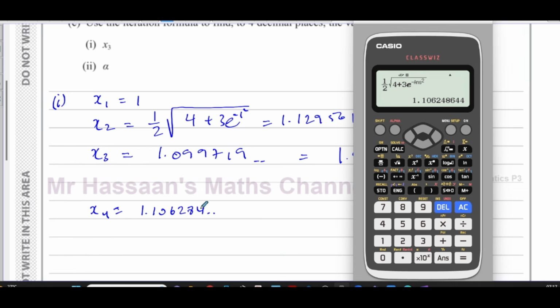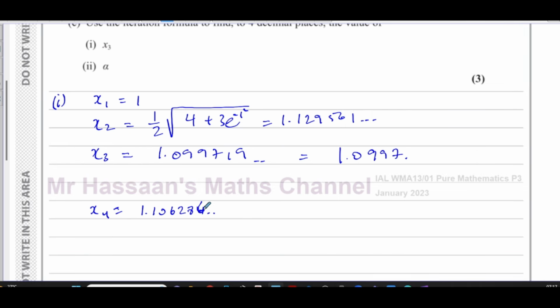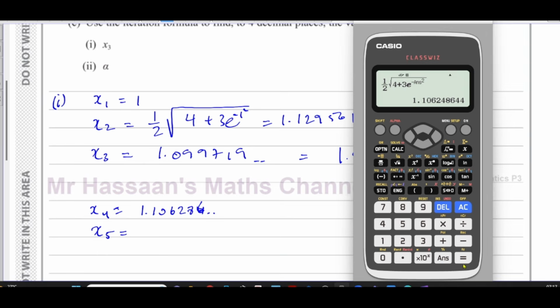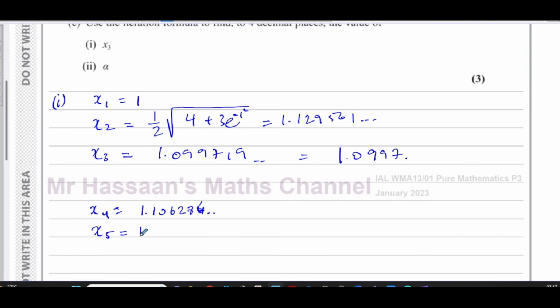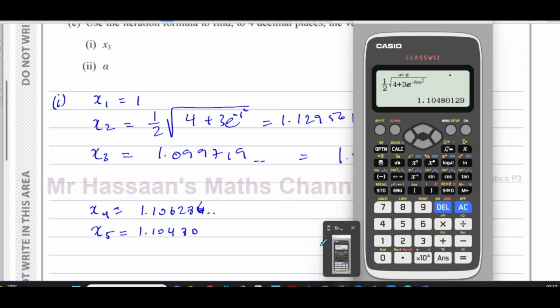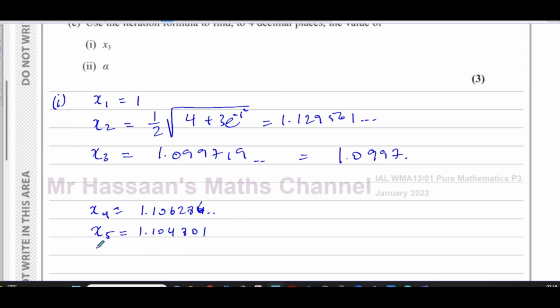Then I'll do the same thing for x5. I'll just press equals again, and I'll write the answer down. That's 1.10480.